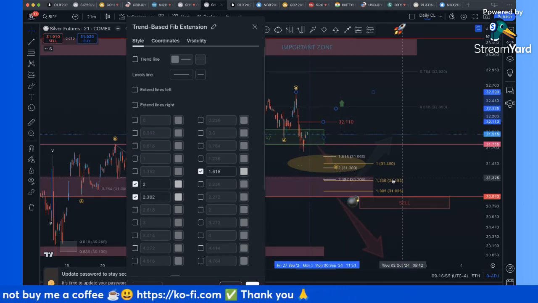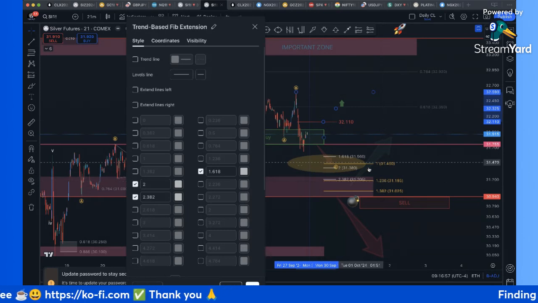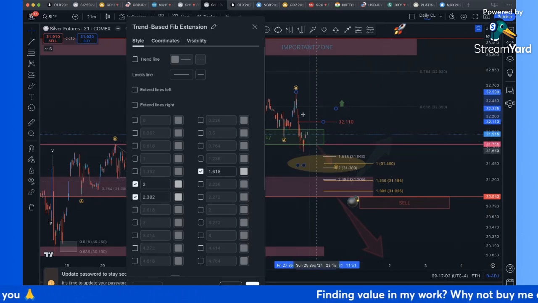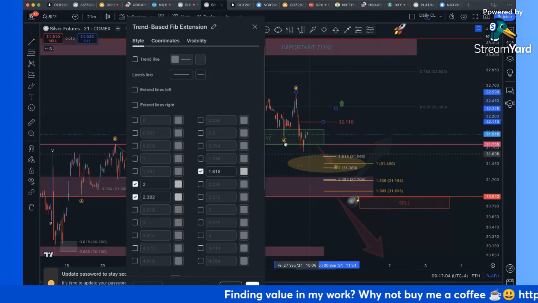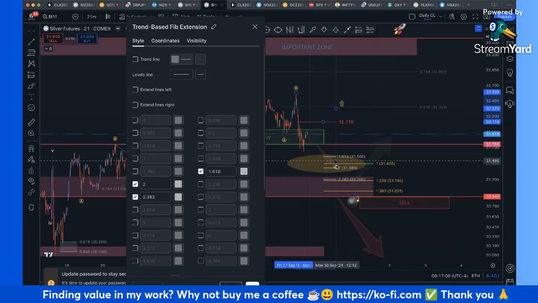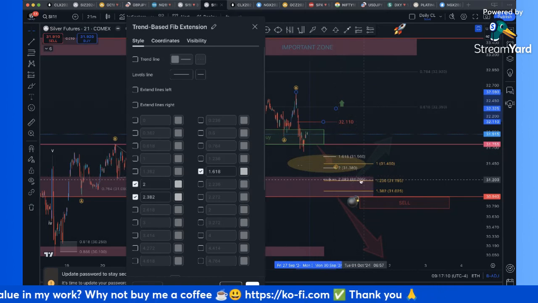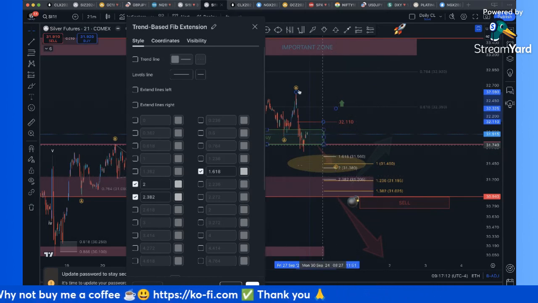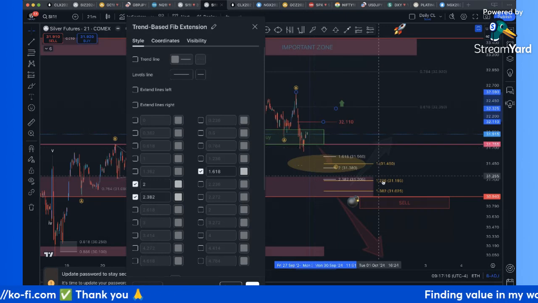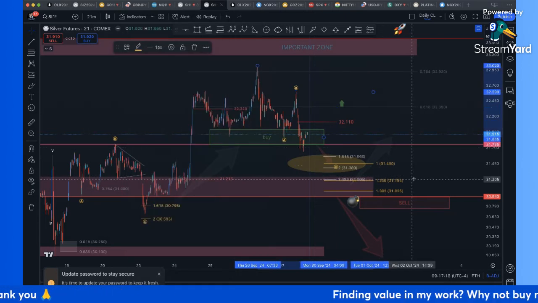And there's also a C wave overall measurement in yellow. So the white fibs are the internal measurement of this move down. The yellow fibs are the overall measurement for ABC. So if it wants to come through this zone, this is the next level. There's confluence there between the nano count on the internal structure and the ABC overall structure in yellow.